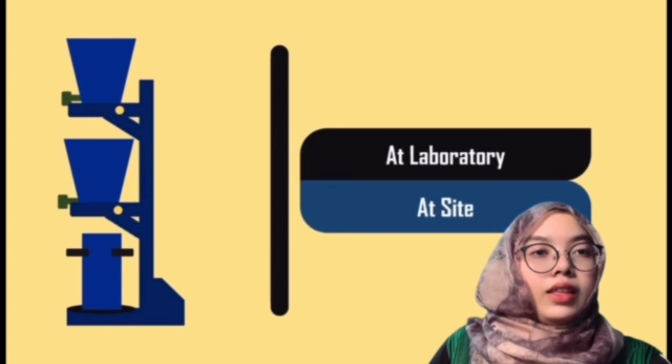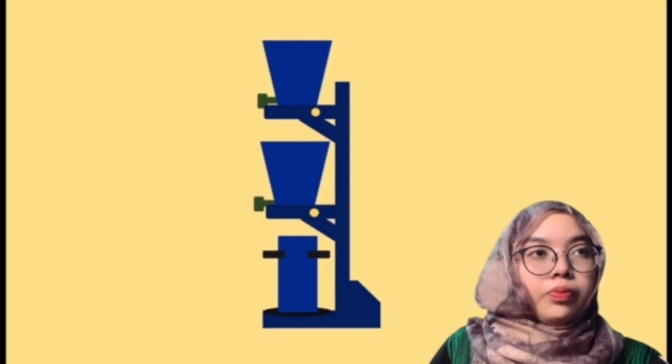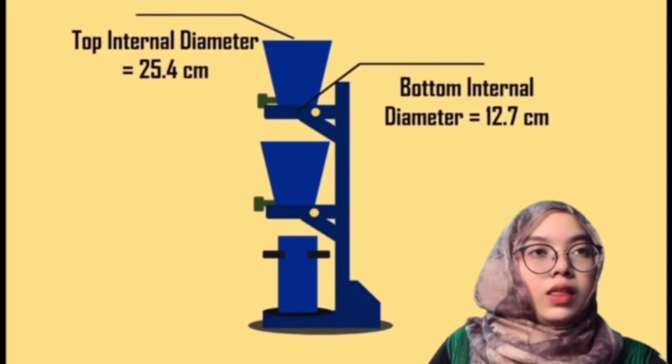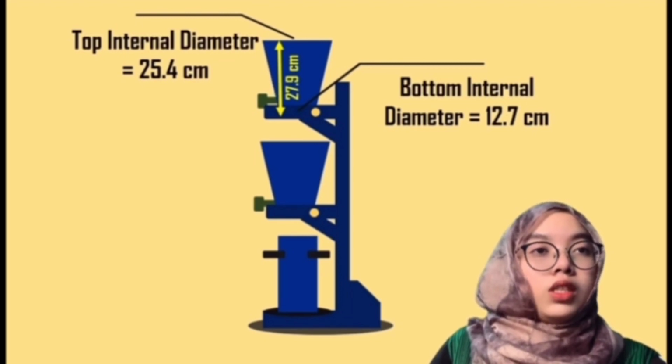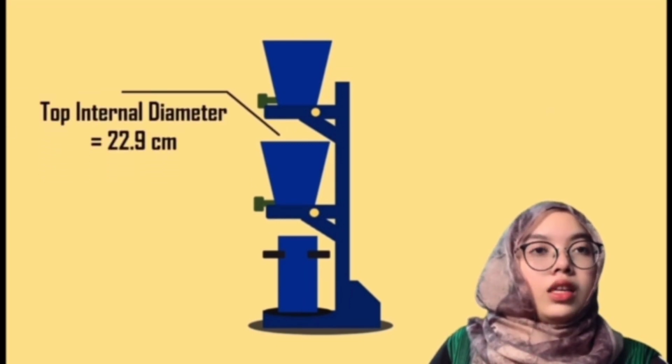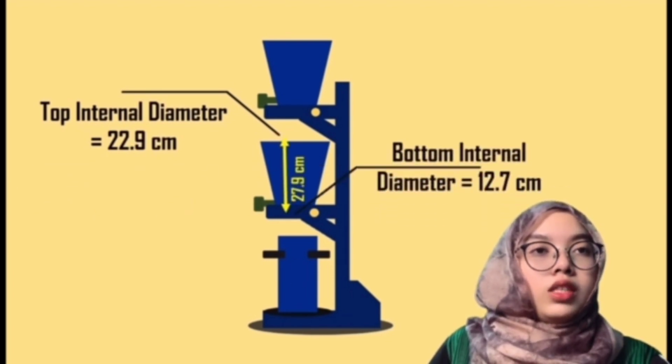The compaction factor apparatus consists of an upper hopper with these dimensions: the top internal diameter is 25.4 cm, the bottom internal diameter is 12.7 cm, and the internal height is 27.9 cm. A fixed lower hopper has a top internal diameter of 22.9 cm, a bottom diameter of 12.7 cm, and an internal height of 27.9 cm.